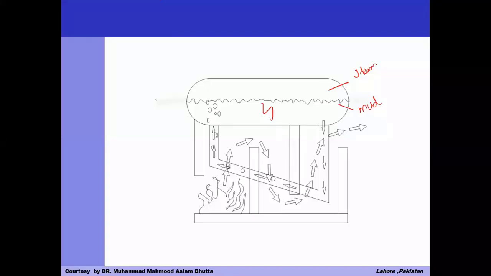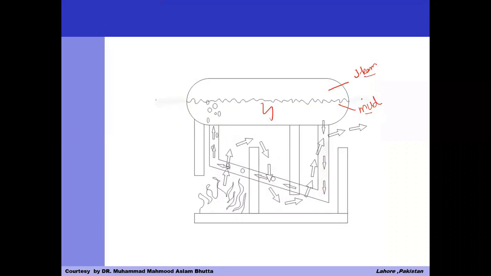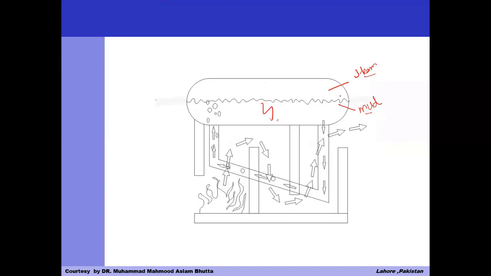The upper and the lower drum are connected with tubes, named the riser tubes.